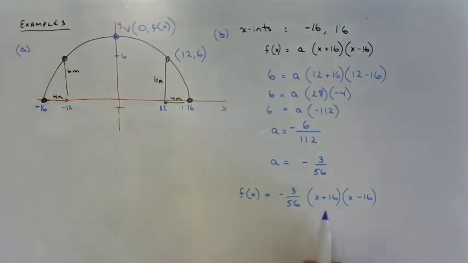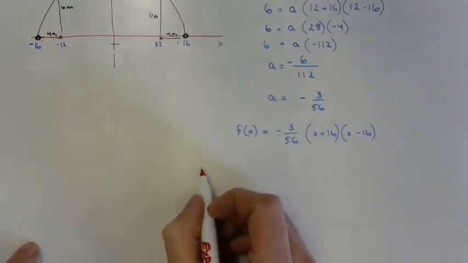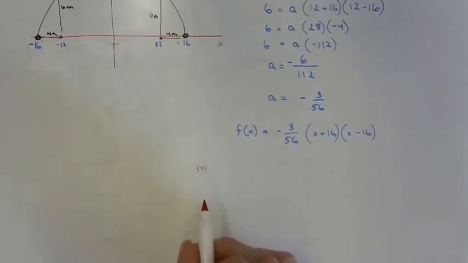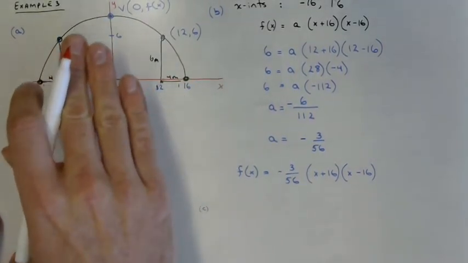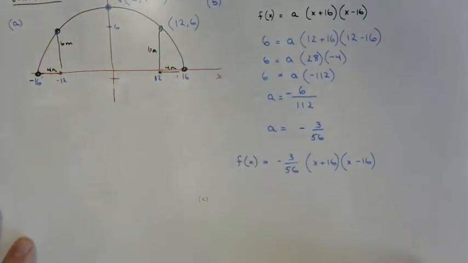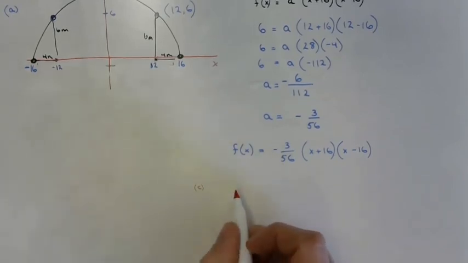So really all we need to do for C is sub 0 in for x. In other cases, if this parabola is not centered around the y-axis, you would probably need to convert to vertex form, or you could just take the middle of your two x-intercepts. You could do partial factoring. That would work as well.